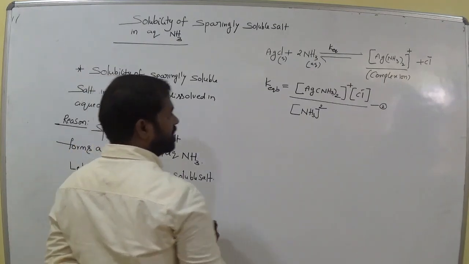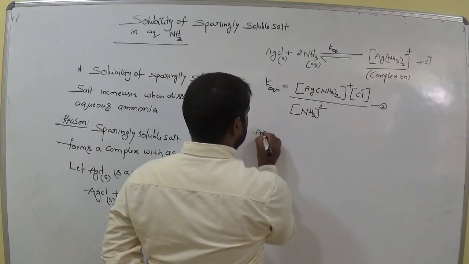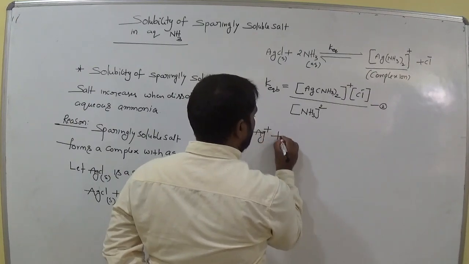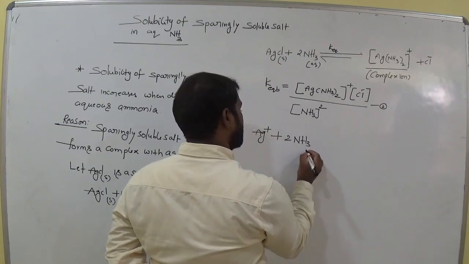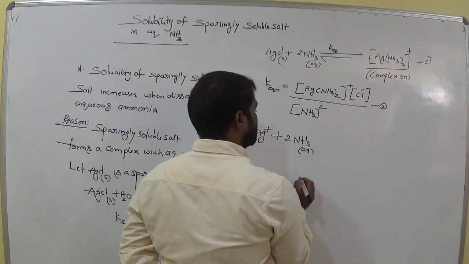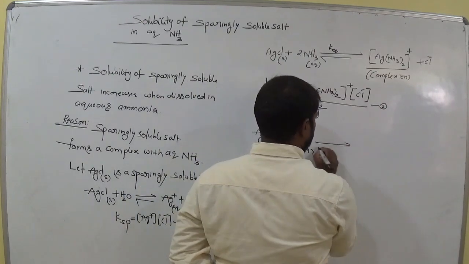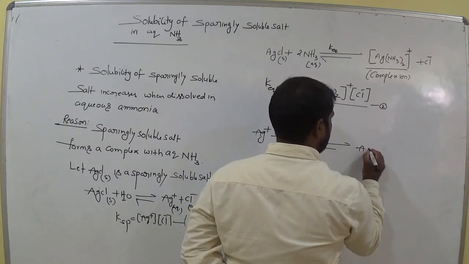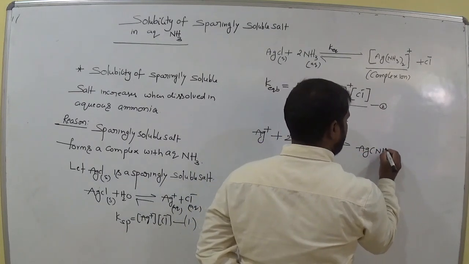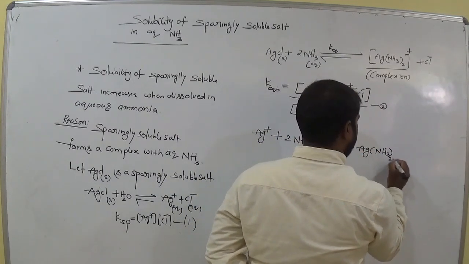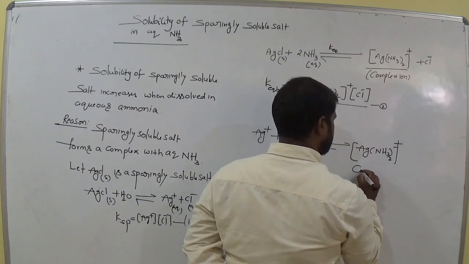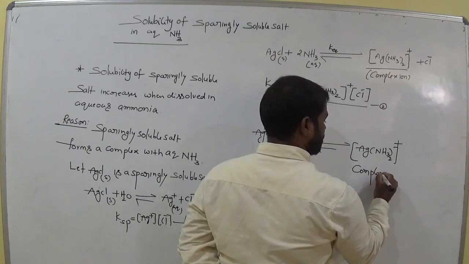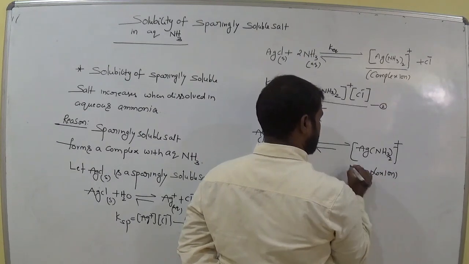Is it clear? Now Ag plus ion when dissolved in aqueous NH3 gives Ag(NH3)2 plus. Am I right? This is the complex ion.